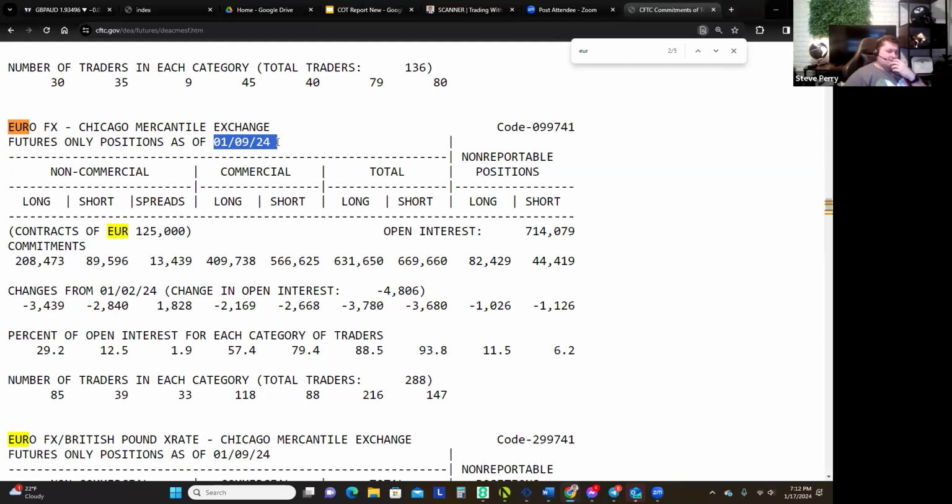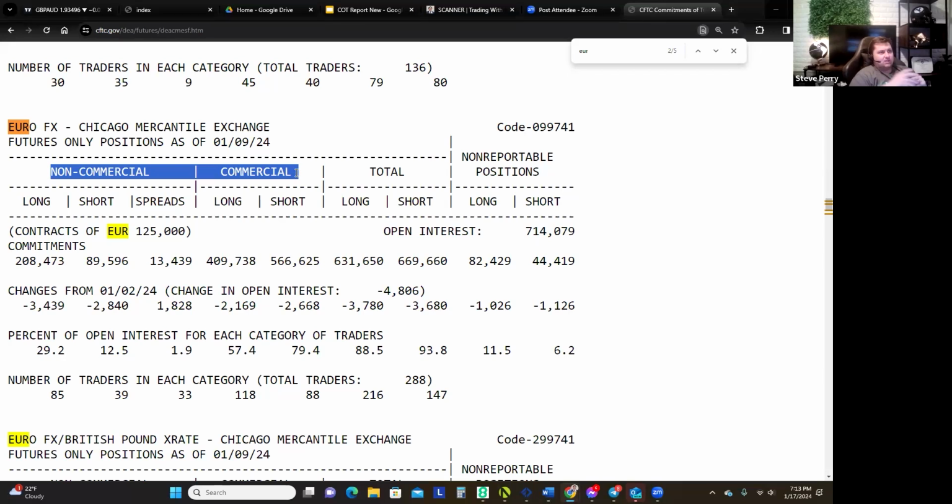Now, you might say, wait a second, that was a while ago. That's the most recent report we have. Yeah, that was 8 days ago. COT reports come out every weekend, but they collect data on Tuesday. All the non-commercial and commercial participants, these are banks with different purposes, release their data to the CFTC every Tuesday.